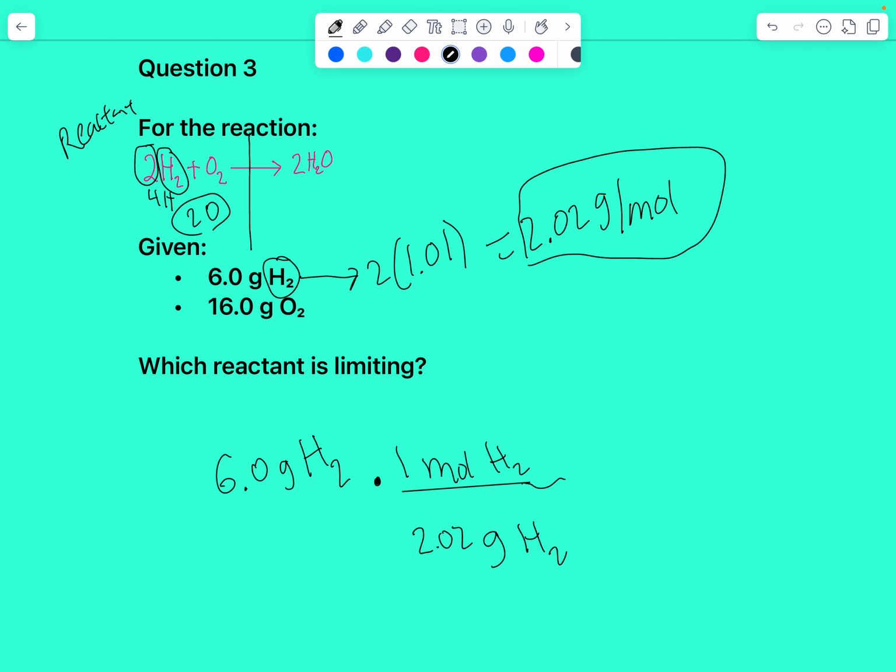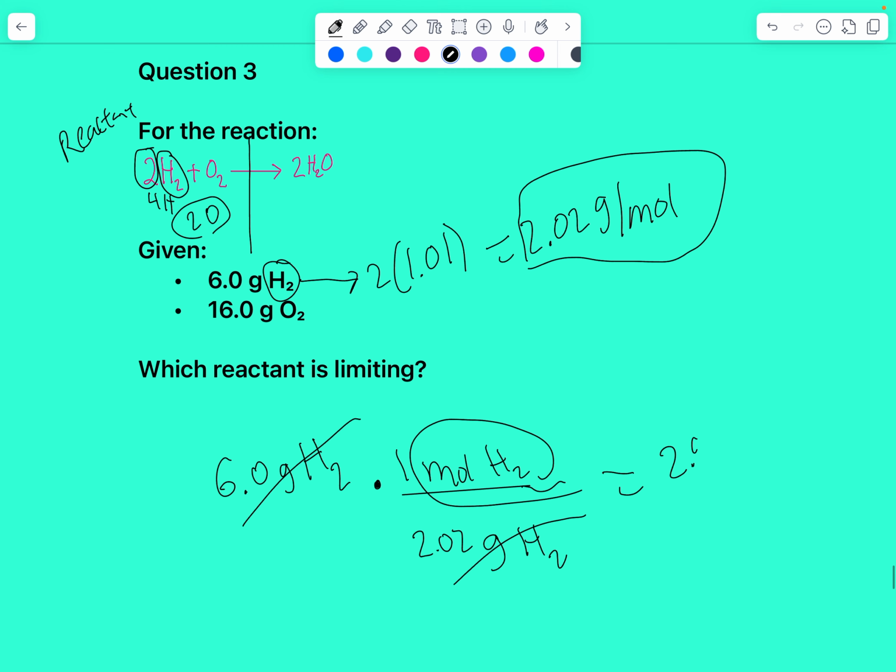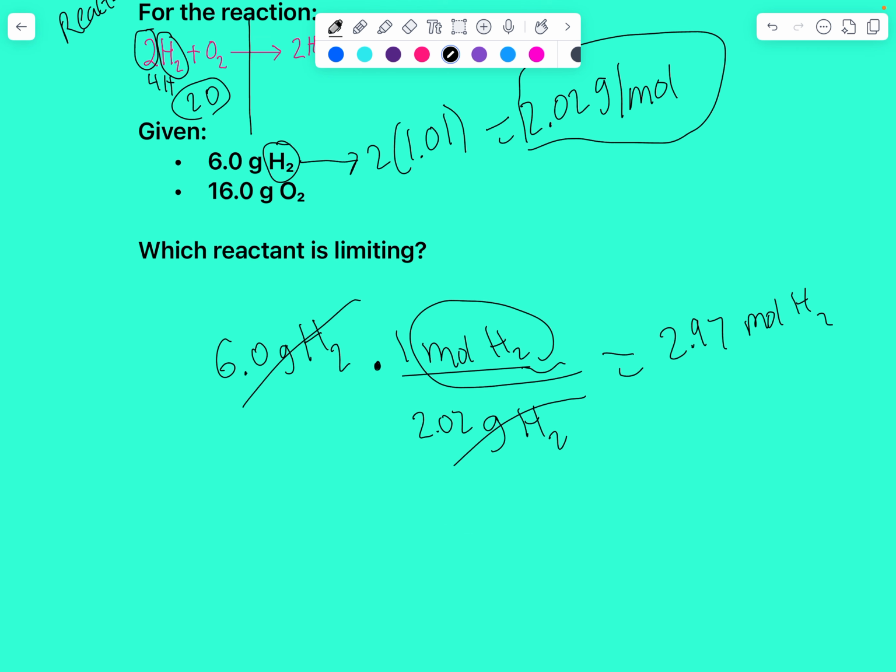Let's do the math. Bye-bye grams of H2, and I'm only left with moles of H2, which is what I want. So it would be 6 divided by 2.02, which is 2.97 moles of H2. Let's do it for oxygen now. We see that O2 is 2 times 16.00, which gives 32 grams per mole.